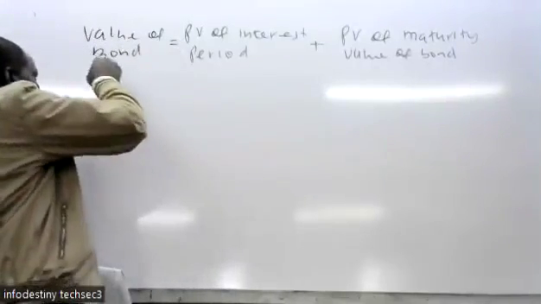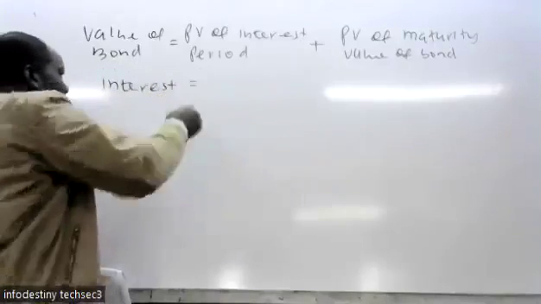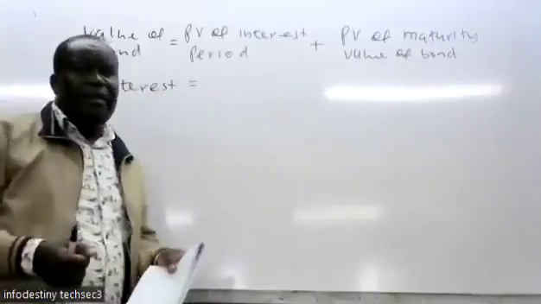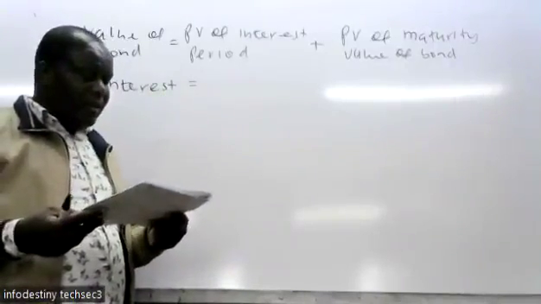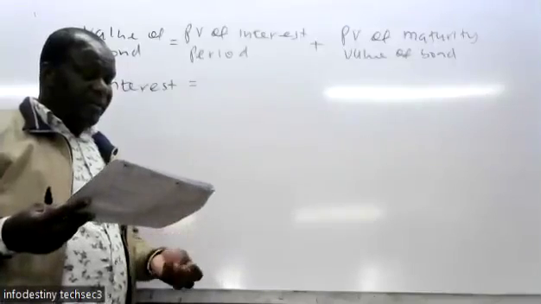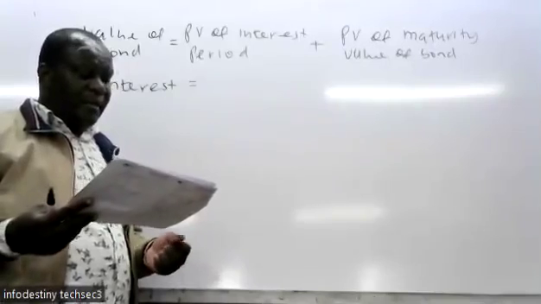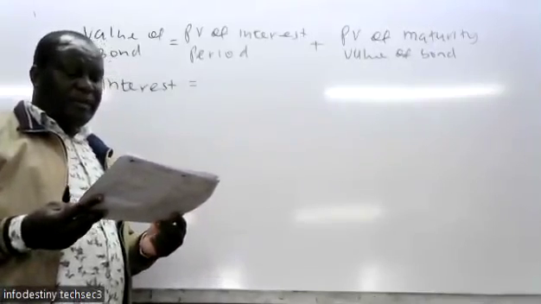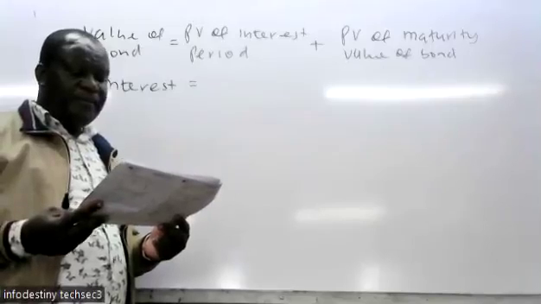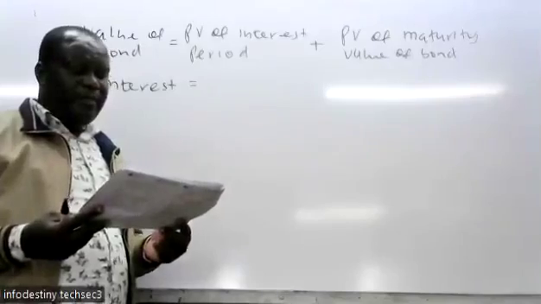So we start off by computing interest. Interest is supposed to be equal to, you can see, the bond rate of interest is 10%.